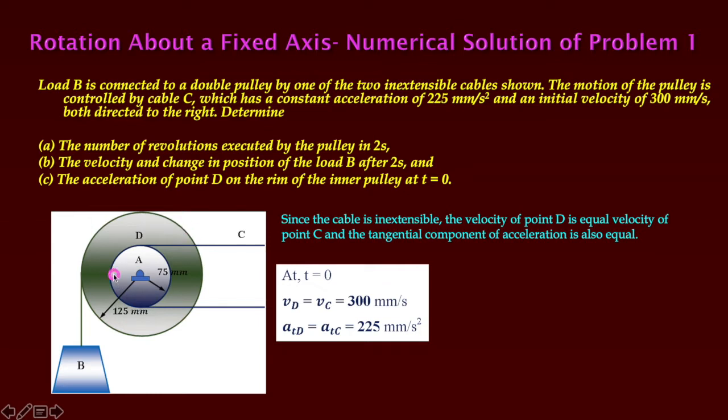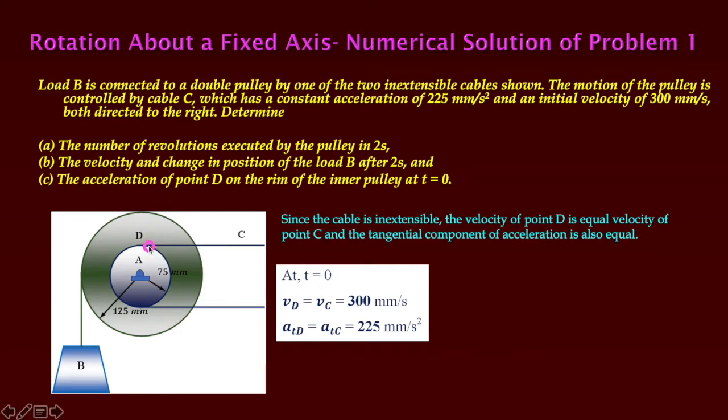And point D and C are on the same rope or cable. So the tangential velocity of both the points is the same, meaning VD equals VC equals 300 millimeter per second.